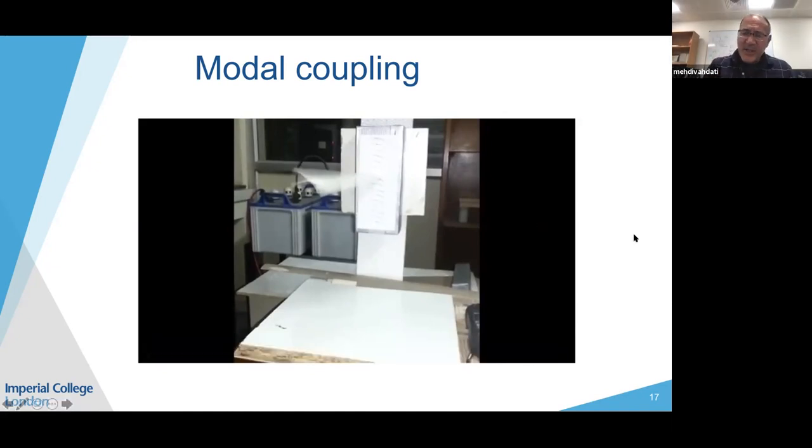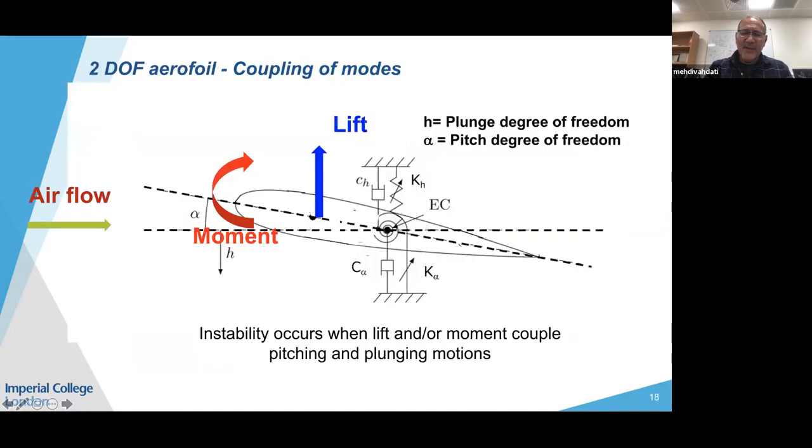And this sort of scenario is quite common for wings when they flutter. If you take a 2 degree of freedom system, where h is the plunge degree of freedom and alpha is the pitch degree of freedom, instability occurs when lift and/or moment couple pitching and plunging motions. Consequently, the aerodynamic forces manage to couple the two modes, plunging and pitching, and they react as one mode.